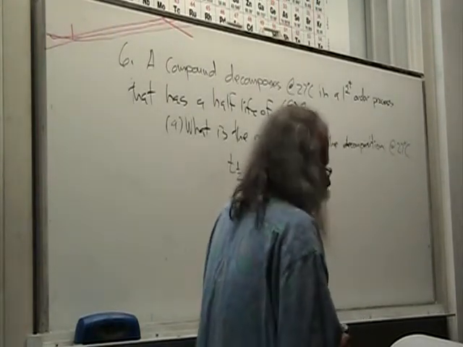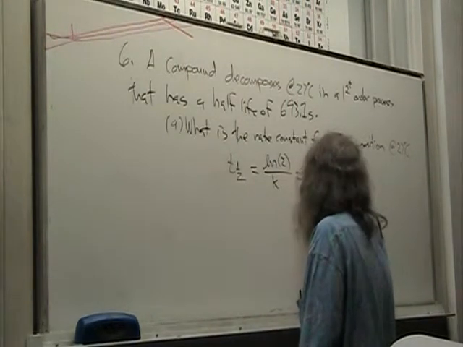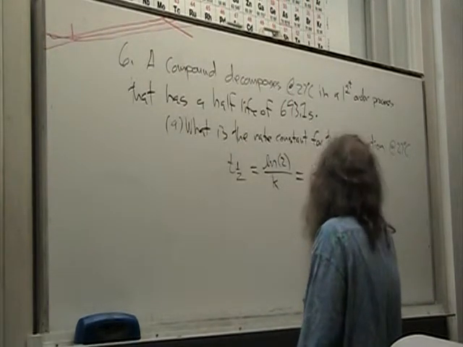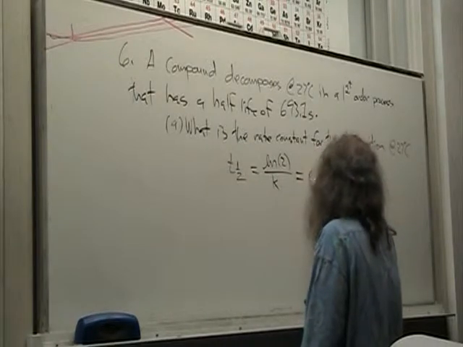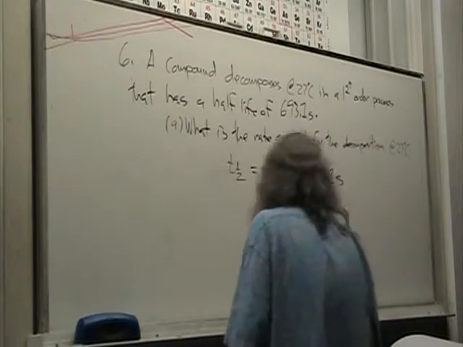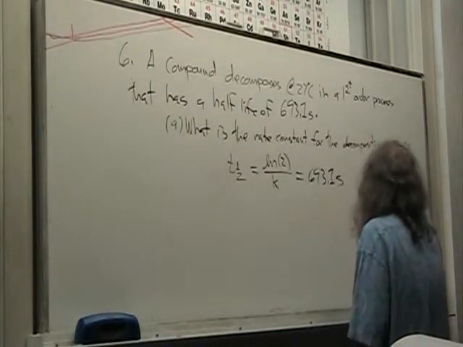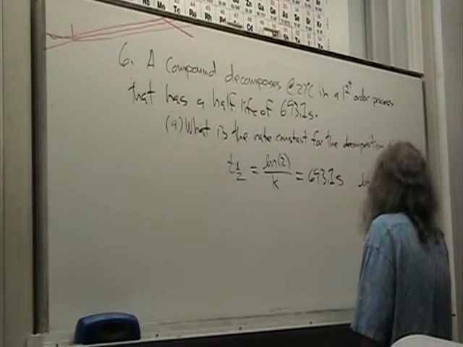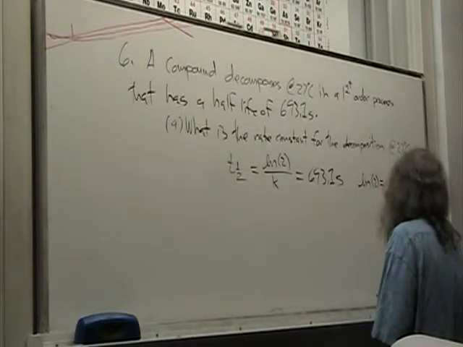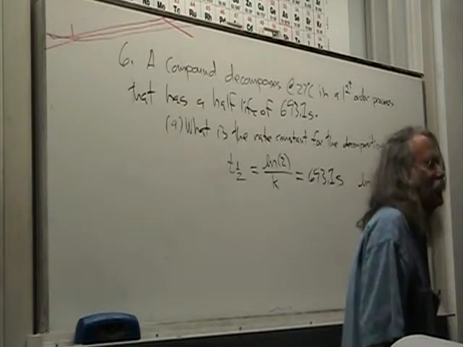And the half-life is equal to 693.1 seconds. And the natural log of 2 is equal to 0.6931. How do I know that?